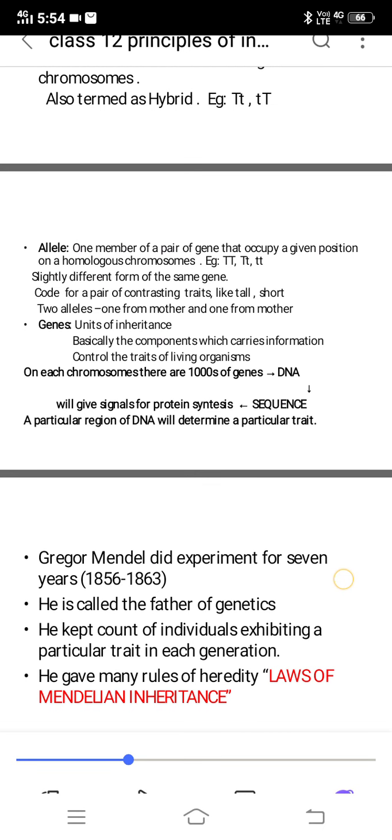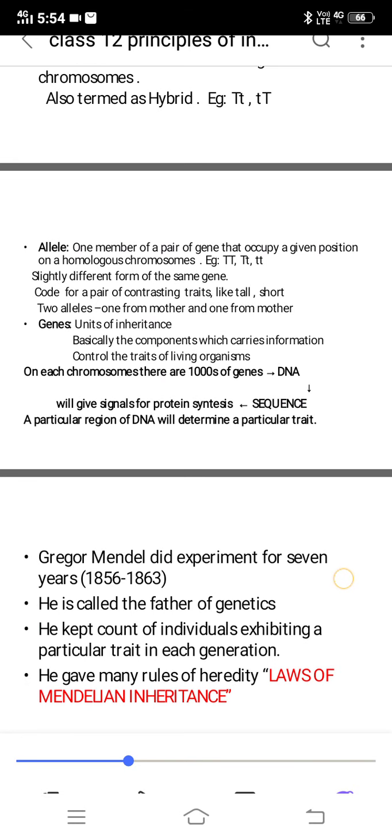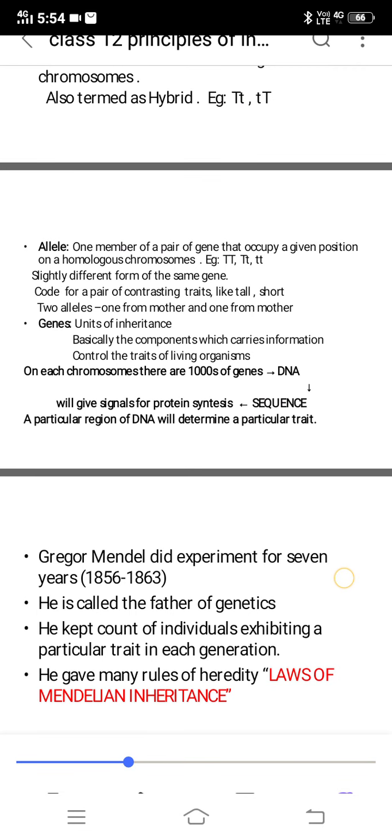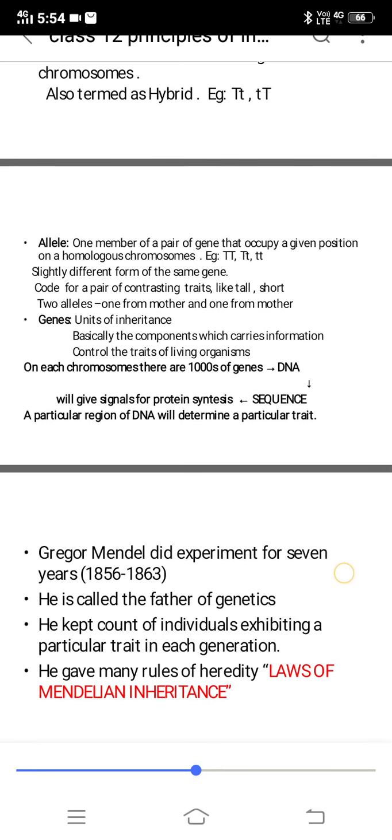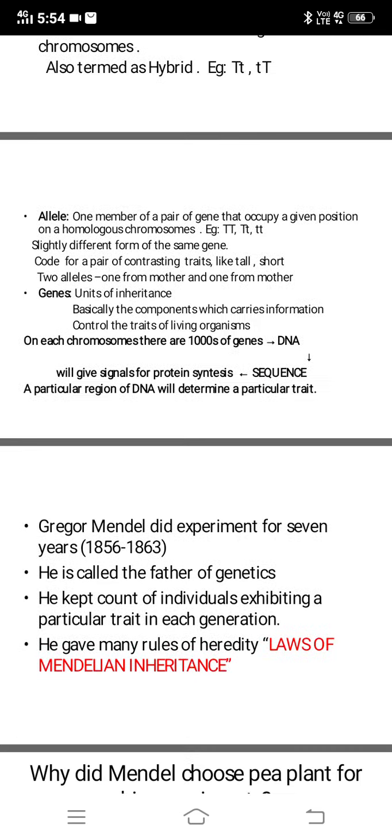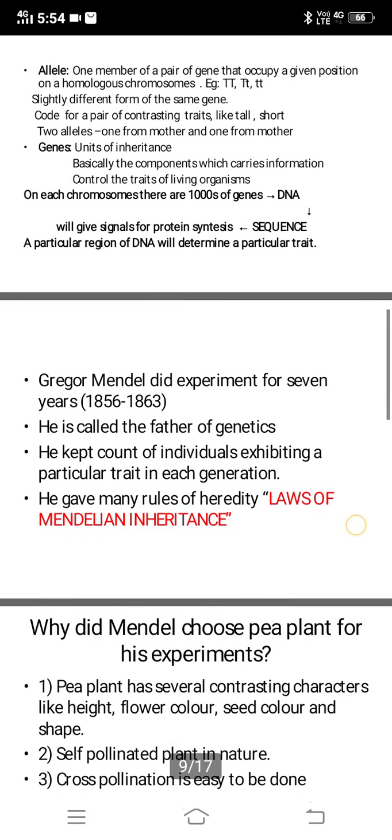In each generation he used pea plants, and he kept on observing them, studying the characters of the pea plant, their growth, and how different generations were different from the other. So he gave many rules of heredity, and they are called the laws of Mendelian inheritance.